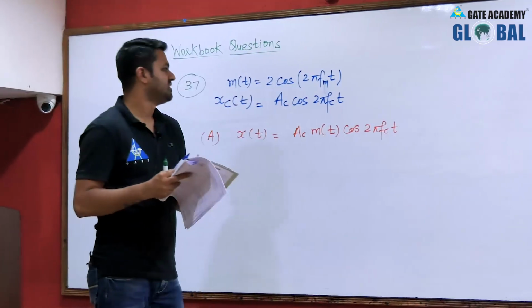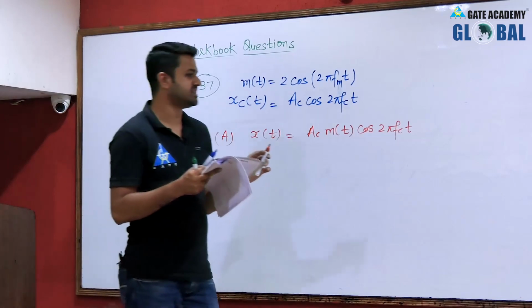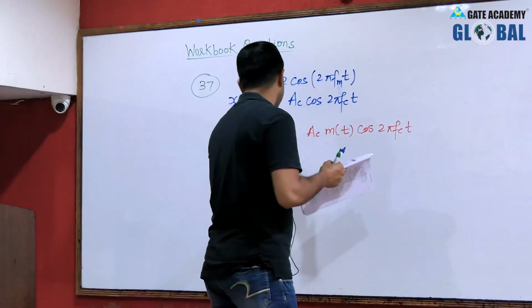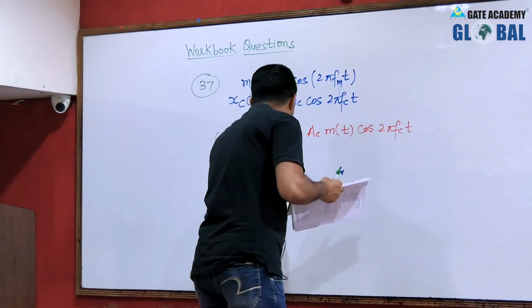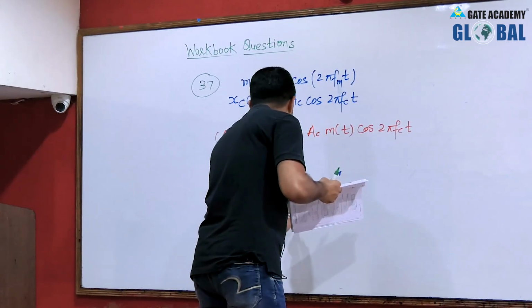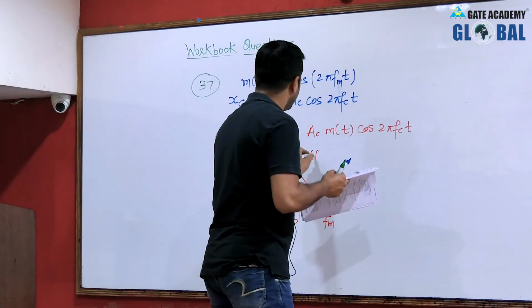What does it represent? The message signal and the cos term. This represents double sideband, because the message signal has a spectrum, suppose like this, from minus fm to fm; this is the spectrum of M of f.